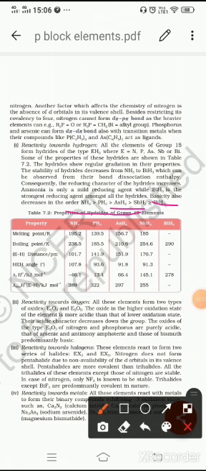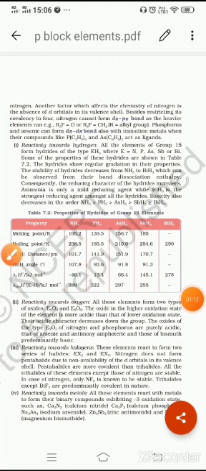Due to increase in size, the lone pair present on the central atom has decreased availability down the group. This is the reason the basic character of hydrides decreases down the group. So basic character decreases down the group, bond dissociation enthalpy decreases, that decreases their stability, and the reducing character increases.